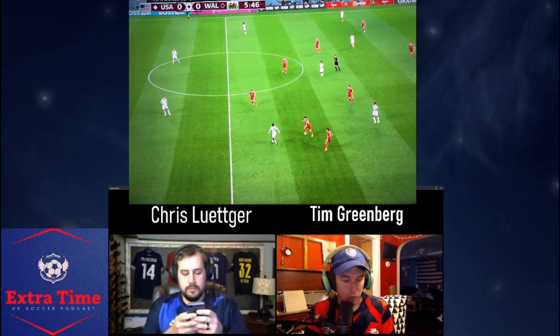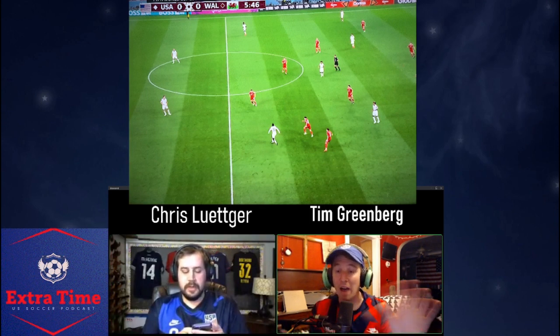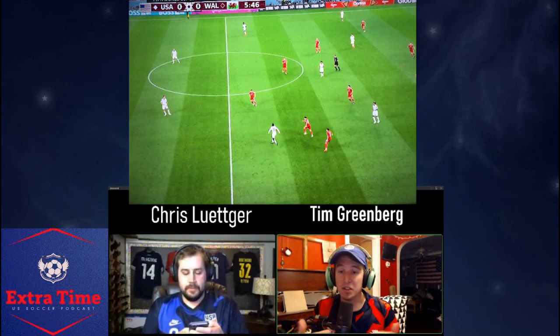So right here, okay, in this situation, who is our 21? I'm blanking here. This is Weah. So Timothy Weah has dropped in with the ball, okay? I have my qualms about this because him and Dest kept making the same run, and on the other side, Pulisic and Robinson kept making the same run, but that's not really what I want to talk about.